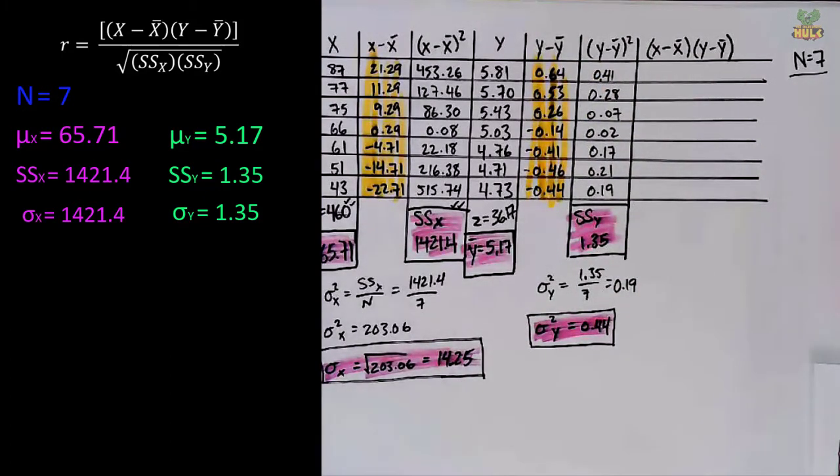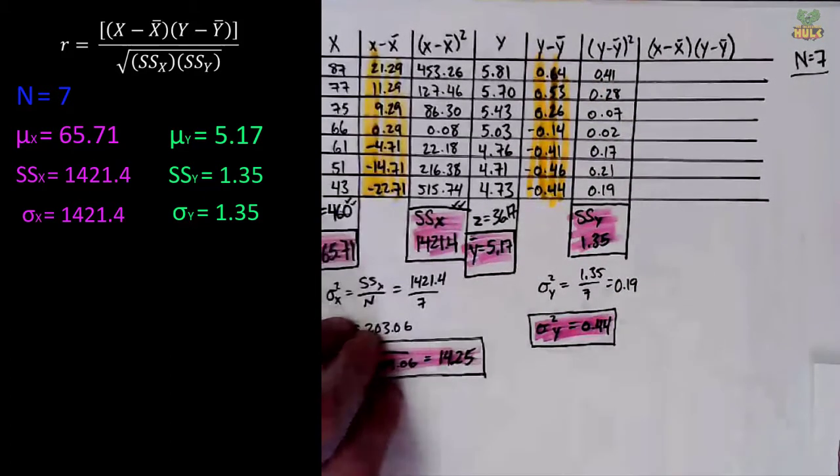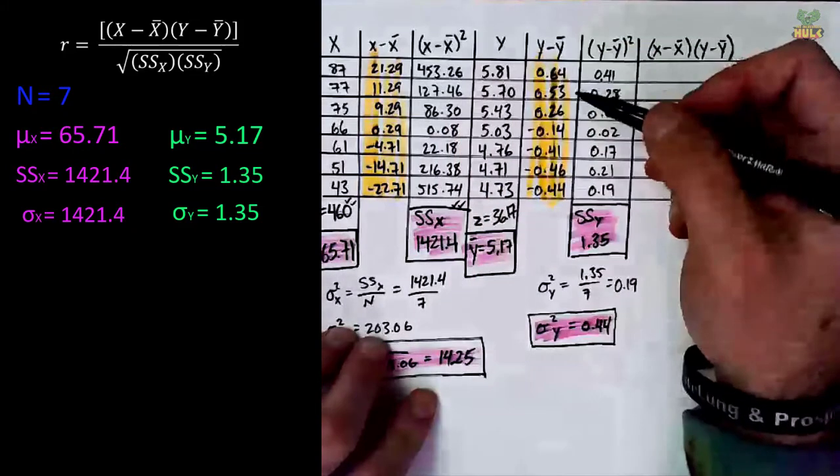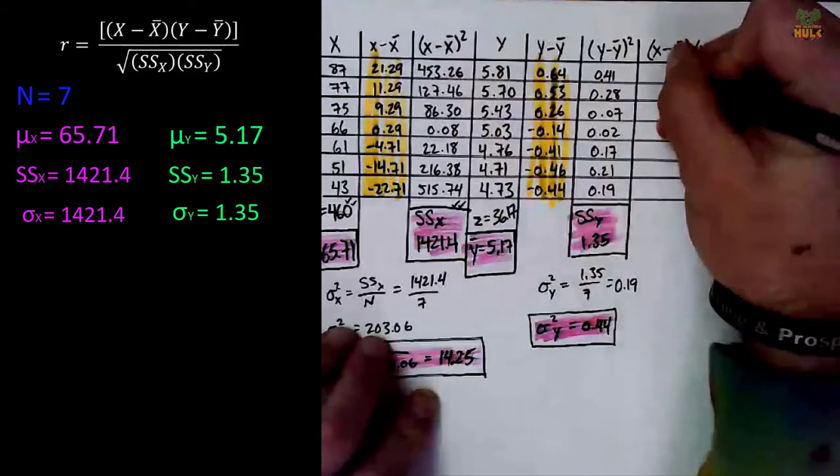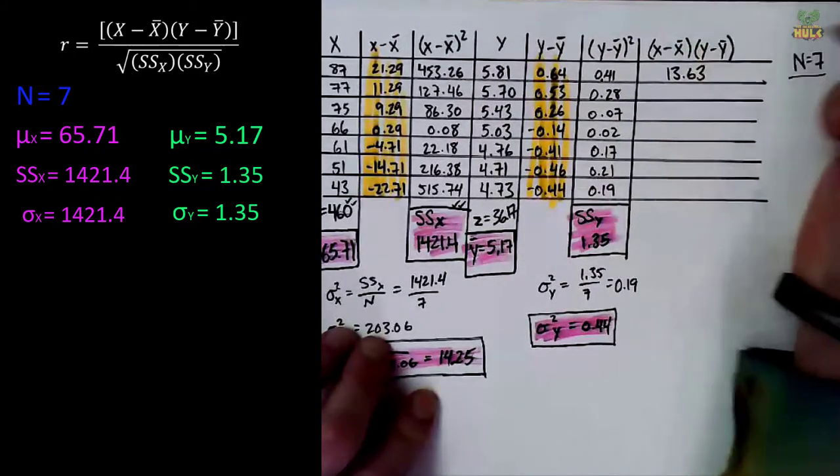Okay, so now multiplying 21.29 times 0.64 will give us 13.63.